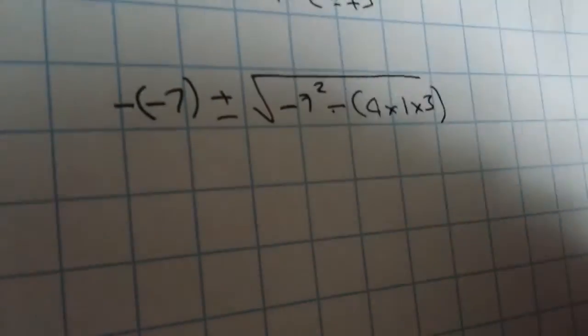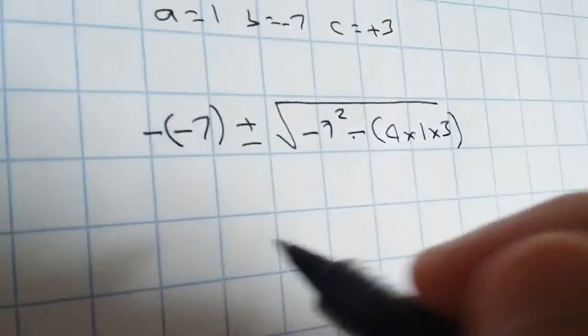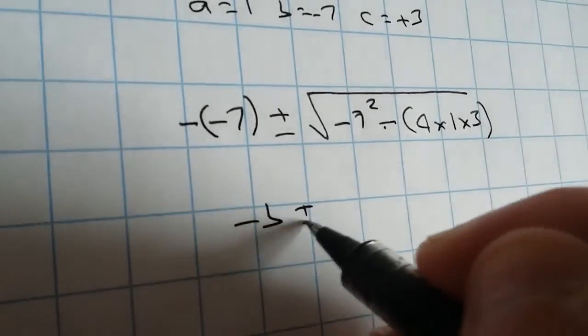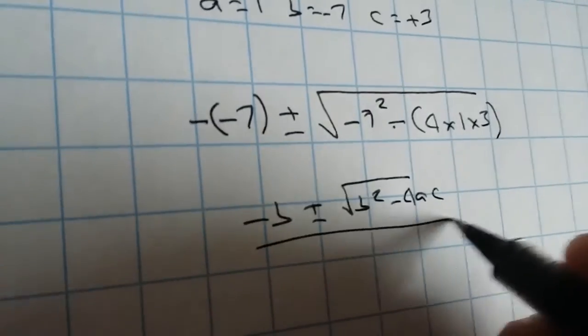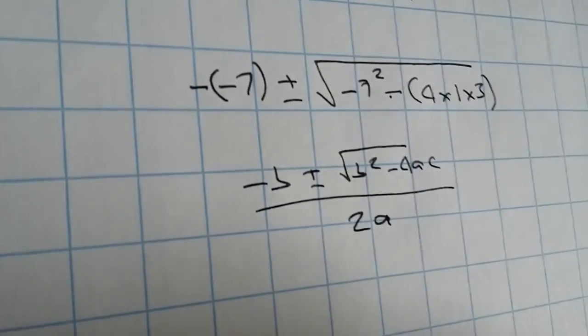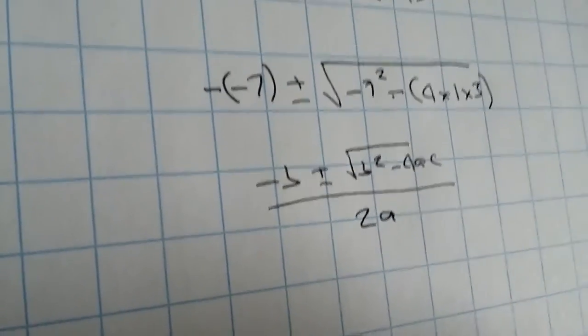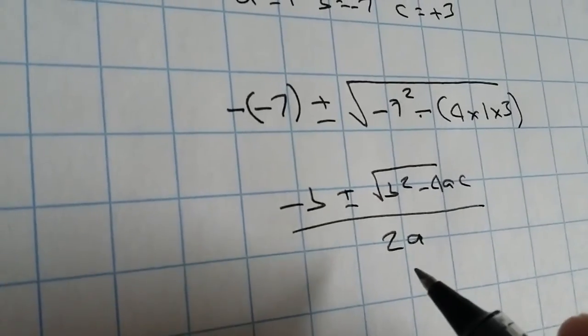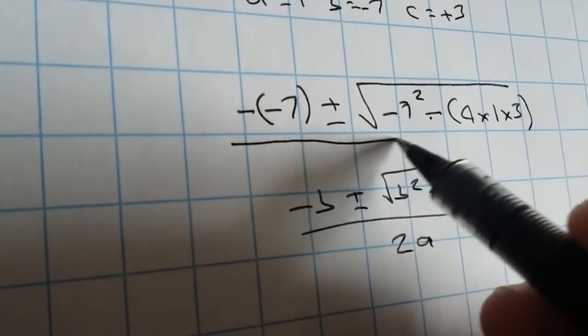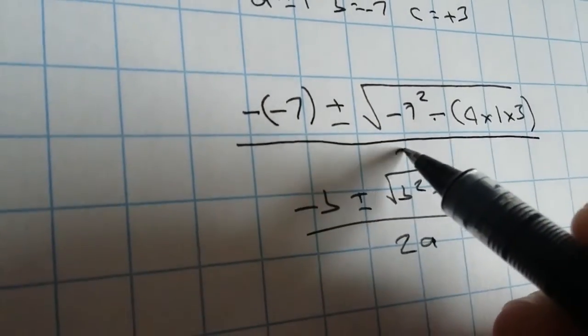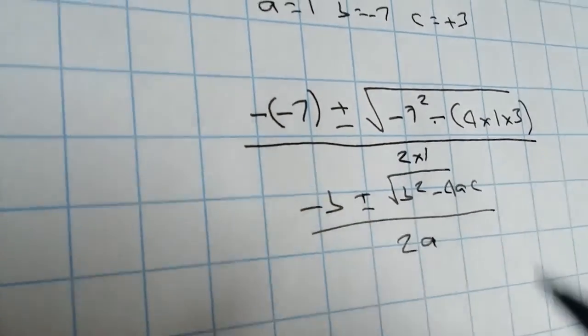You might decide that you want to write the formula out to help you remember it: minus b plus or minus the square root of b squared minus 4ac all over 2a. After a while you'll get used to it, but to start with I would suggest you keep referring back to that. We've got all that top line, and it was all over 2a, so that's 2 times 1, because a was 1.